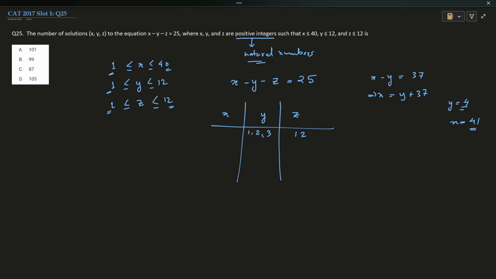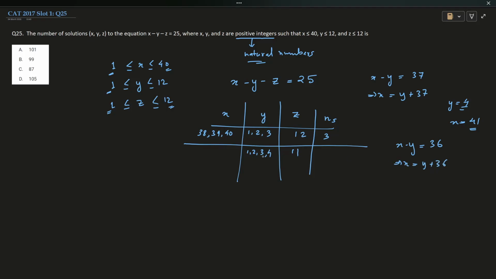And for each individual value of y, I will get the corresponding individual value of x. So let me denote the number of solutions as ns here. So how many solutions? 3 solutions here. When z is equal to 11, I will have 1, 2, 3 and 4. Why? Because in that case x minus y will become 36, right? When z is 11, that means x equals y plus 36.